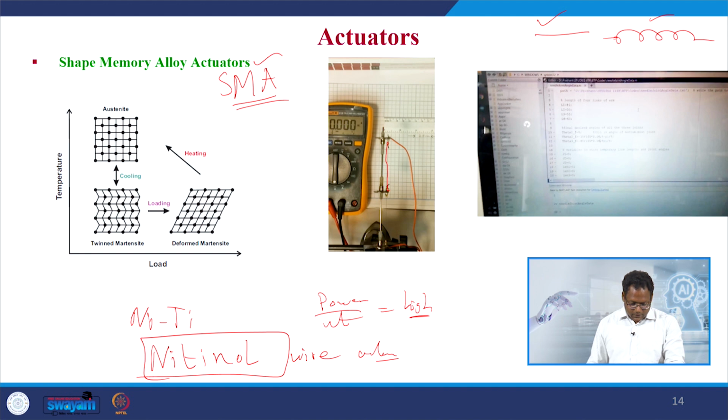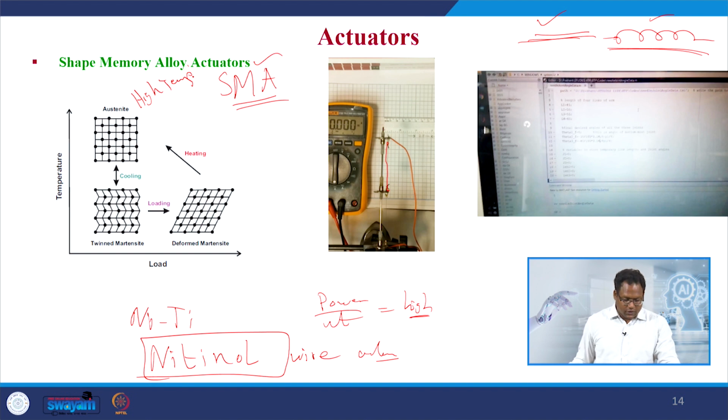That means during the heating of this nickel titanium alloy, the heated actuator can be formed into any desired shape, either a wire shape or a spring shape, and then upon cooling it comes back to twinned martensite, which means that austenite is the high temperature phase structure of the SMA wire, and martensite is the cold phase crystalline structure.